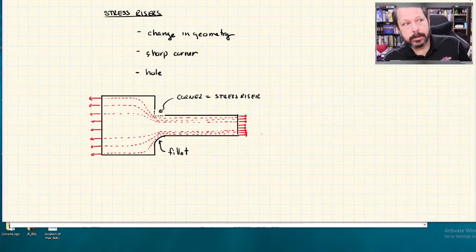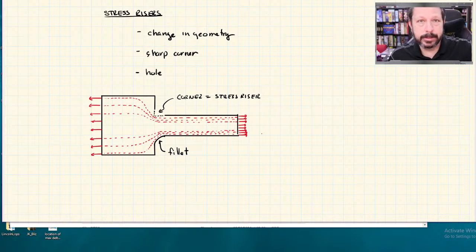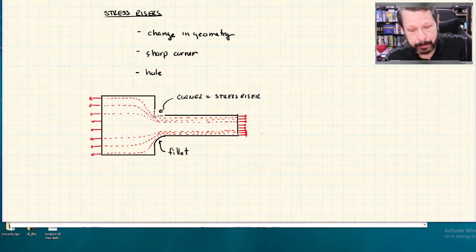So that's a good habit once you're actually designing your own parts and making your own CAD models or whatever. In general, you don't want sharp corners for a couple of reasons. This is one of them. One of the sharp corner problems is that it does create higher stress concentrations at that corner. The other thing is that sharp corners are hard to make.